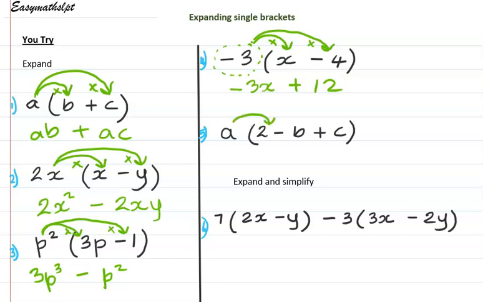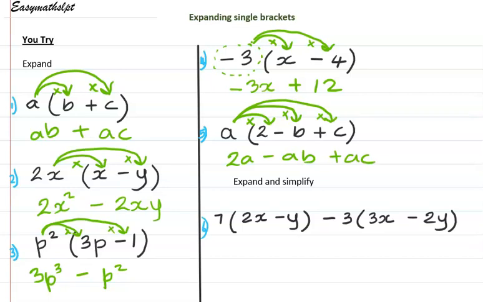A times 2 is 2a, and a times negative b is negative ab, and then a times c is ac.